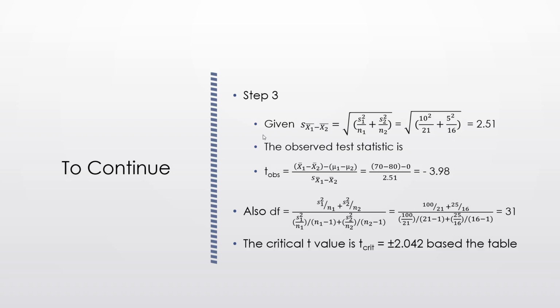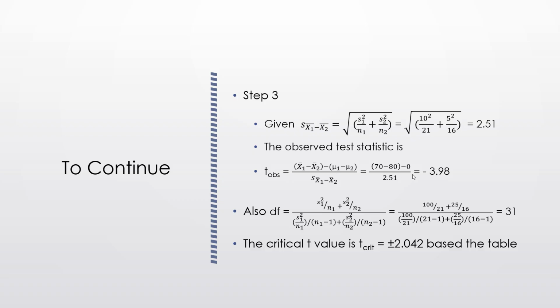With the unequal variances, the standard error would be 2.51, which is the square root of the square of 10 over 21 plus the square of 5 over 16. And the adjusted degrees of freedom would be 31.